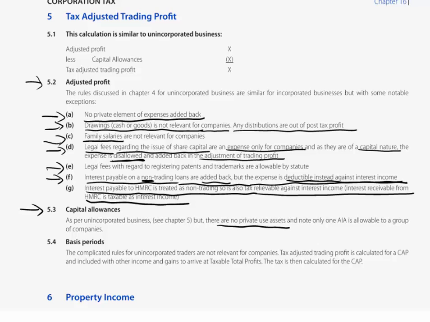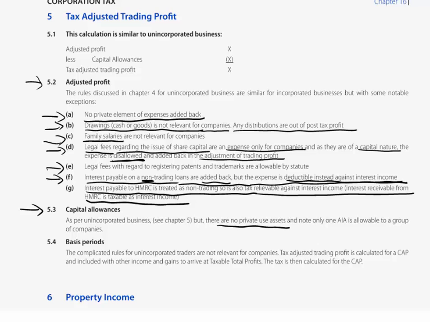Remember our definition from 1st of April to following 31st of March. This is a tax definition of a financial year. Look back at the previous page of notes and remind yourself of that if you need to. But we prepare our corporate tax comps for chargeable accounting periods. Therefore, we already have the figure.